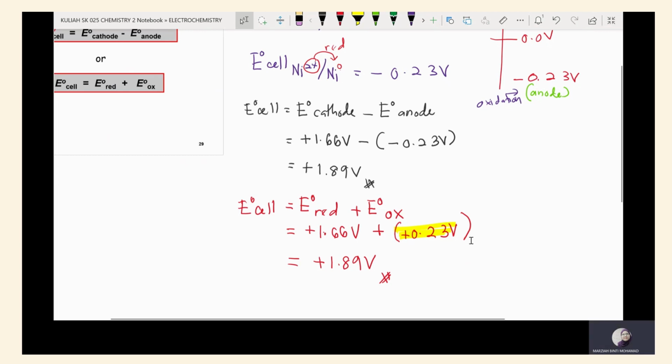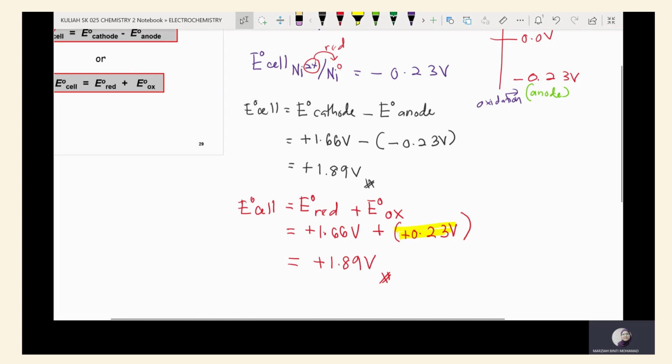That's why I recommend you to use the first one. But if you're familiar with this one, you can proceed with this. Just make sure you write the correct formula: either cathode minus anode, or if you choose reduction, reduction plus oxidation.